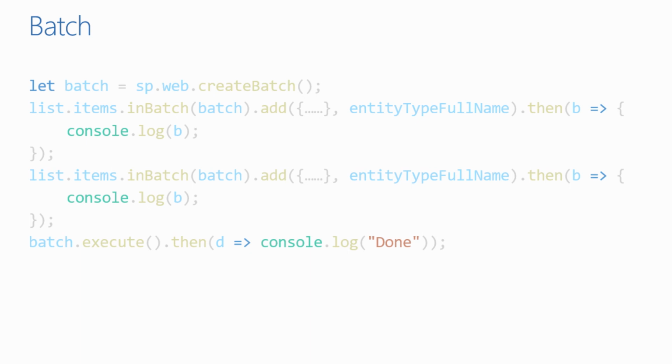In the end, you just execute it, and then you can even have something you can run at the end. Both calls will be executed at the same time. And for each one of them, you can run code, which happens when that specific call terminates. So it gives you full flexibility as if you were doing one at a time.